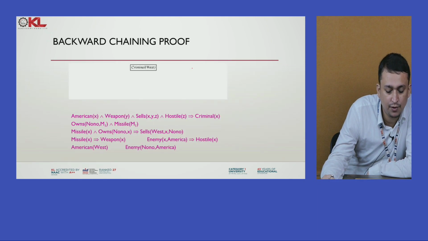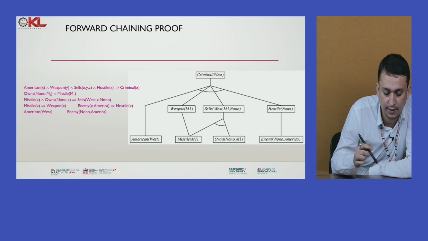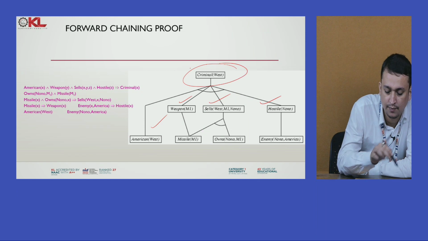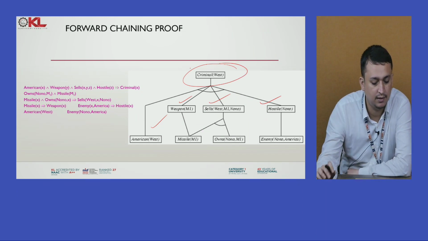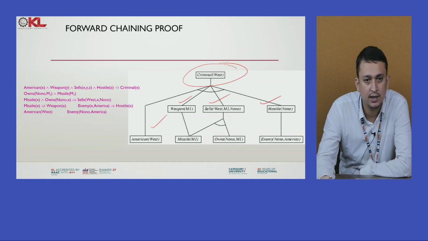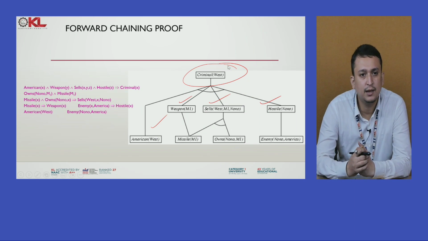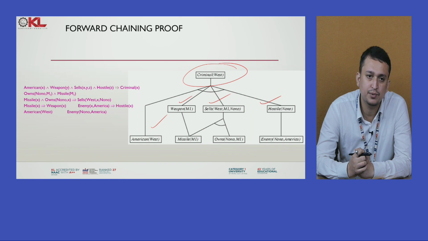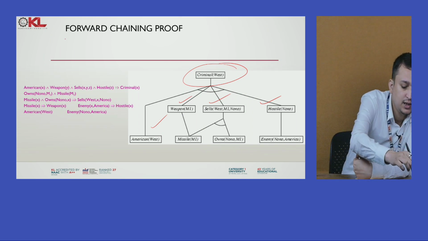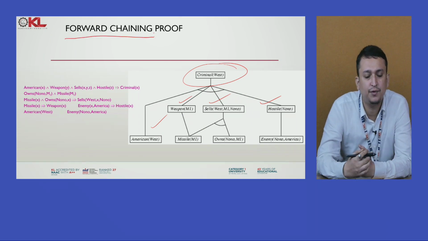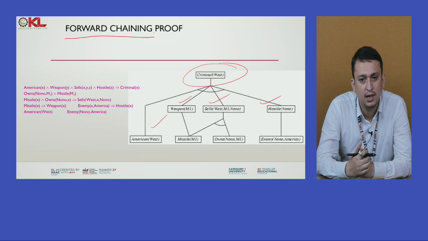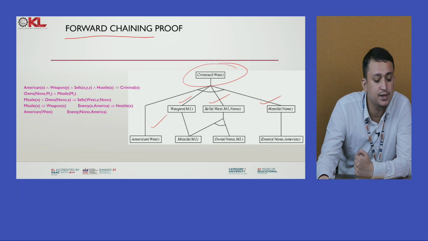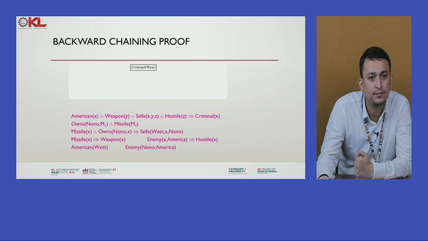With the help of these four parts, we can say that West is a criminal. Okay, this way of proving is basically a bottom up approach, and when we follow this approach, we call it forward chaining. When we follow the bottom up approach while proving, the procedure is known as forward chaining.